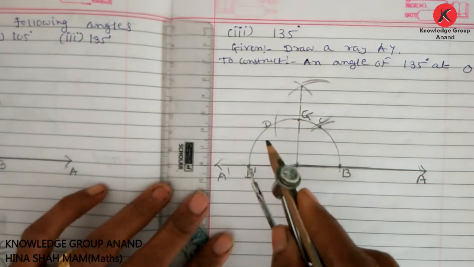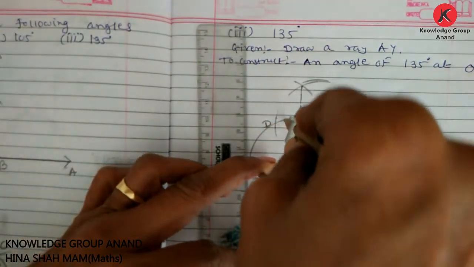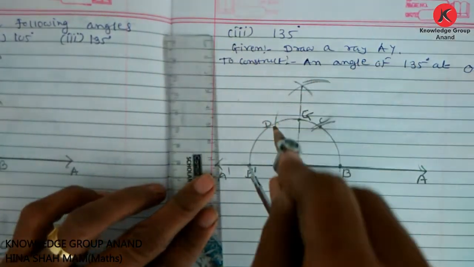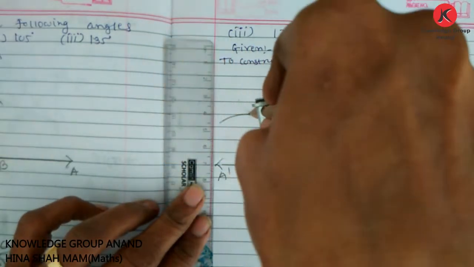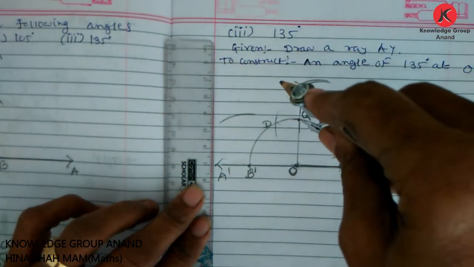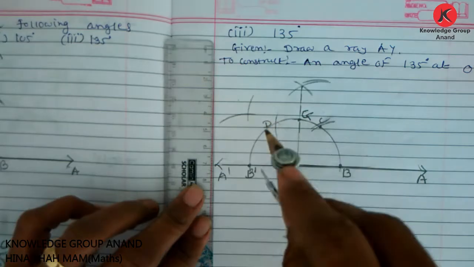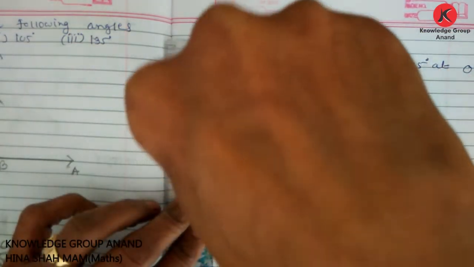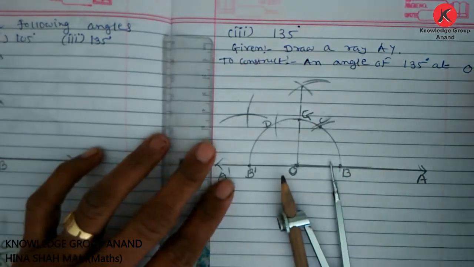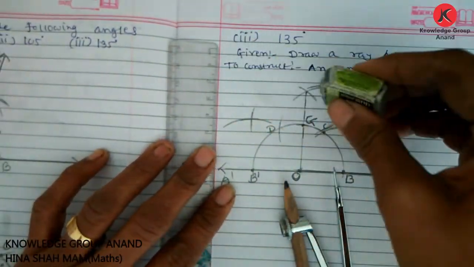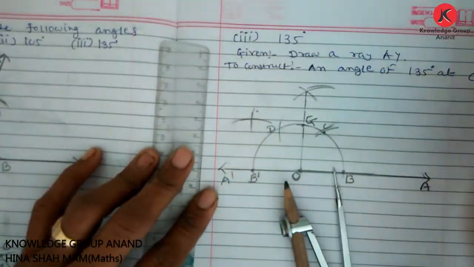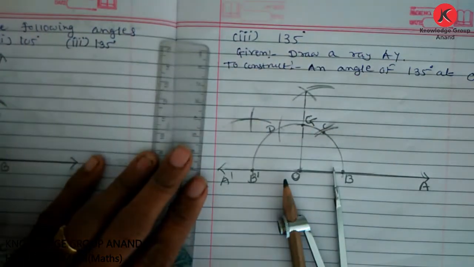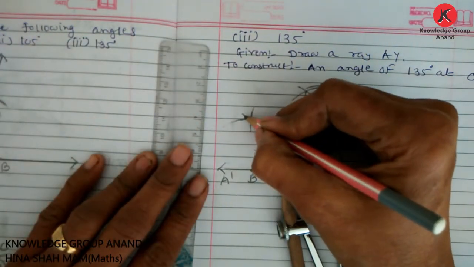Then taking an angle from B dash and G, we draw an angle which intersects at H.